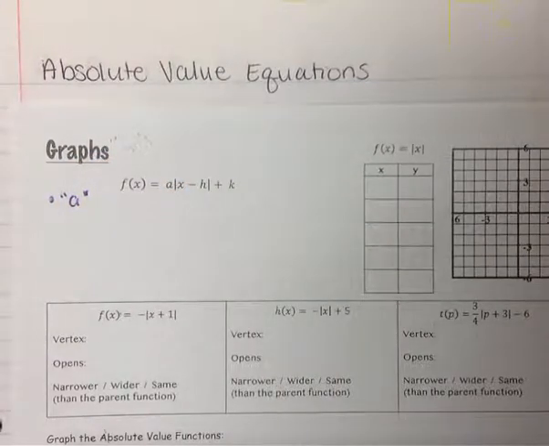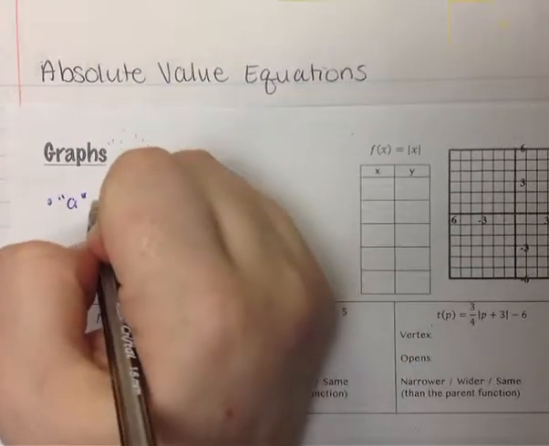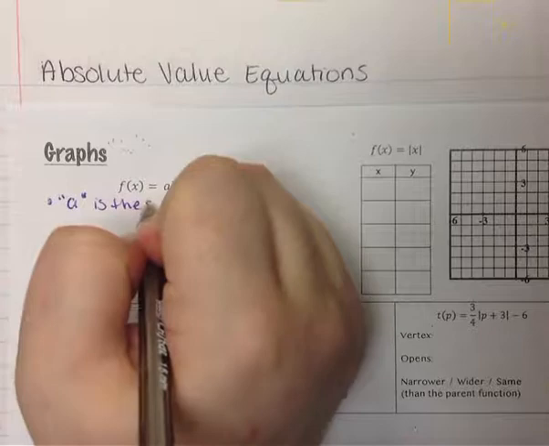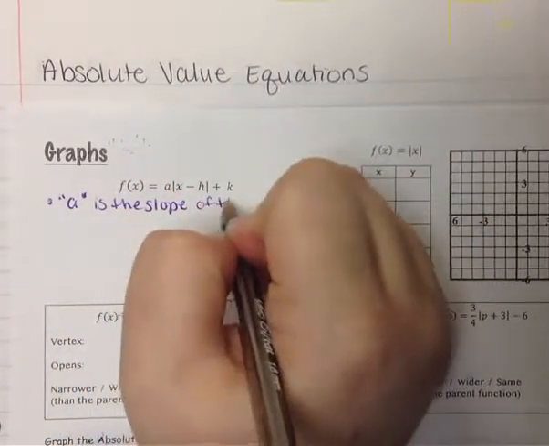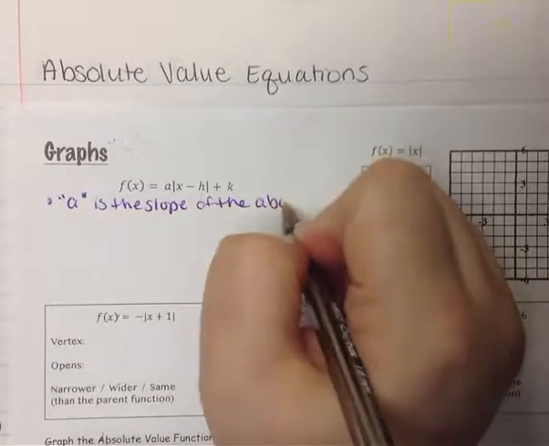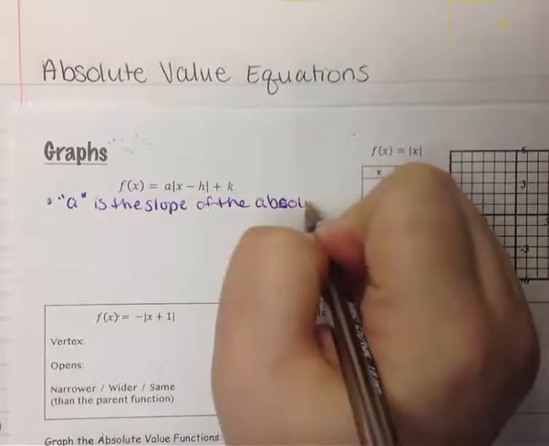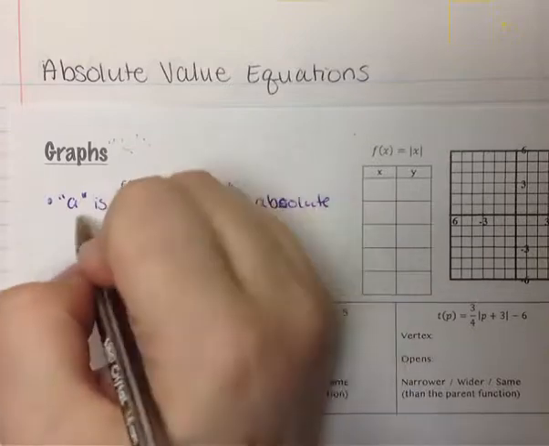The A value still tells you if it's a reflection or if it's a vertical stretch or compress, but it is also the slope. A is the slope of the absolute value function.